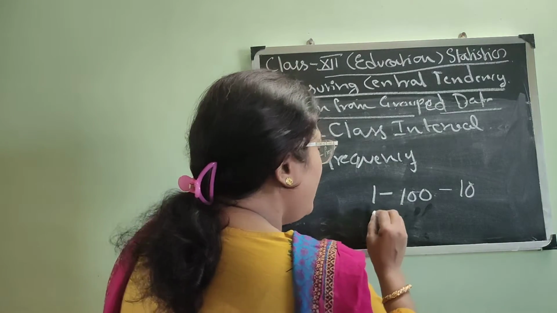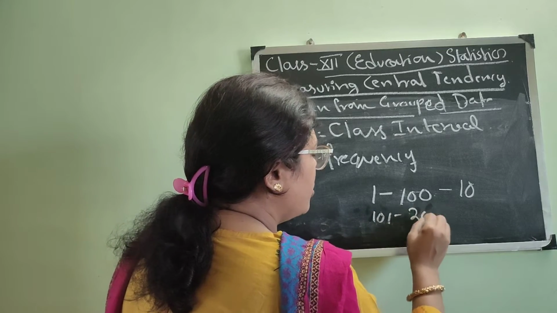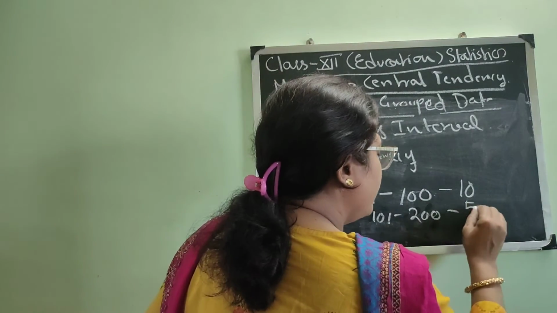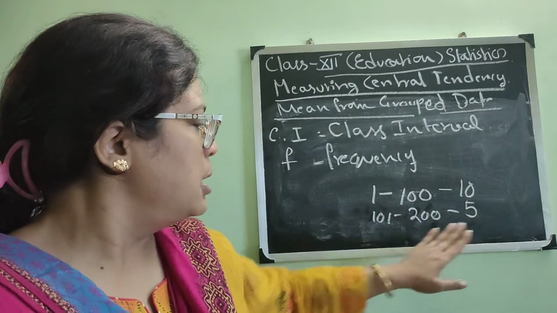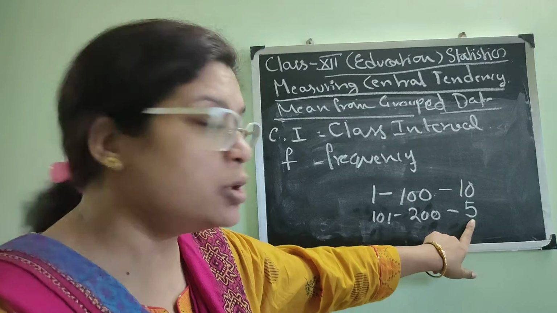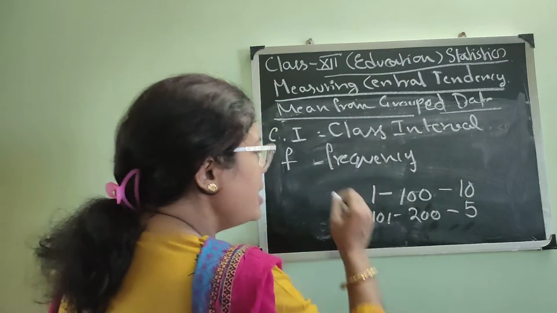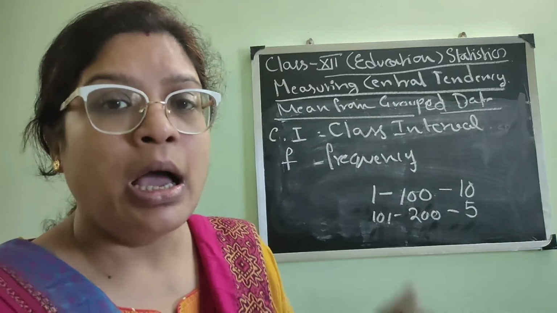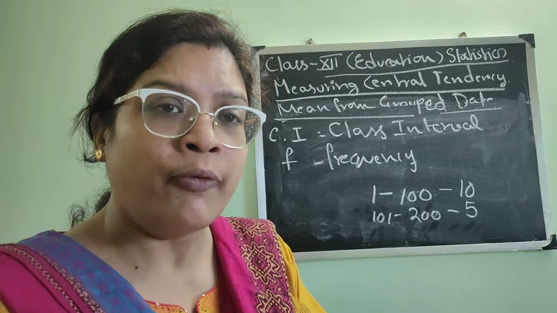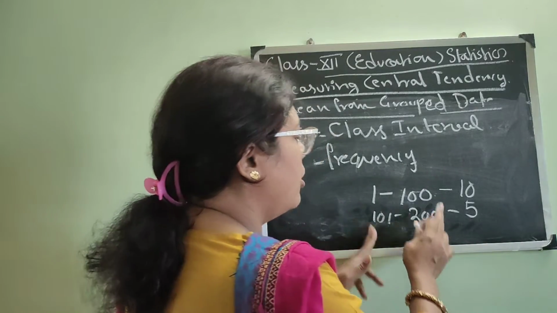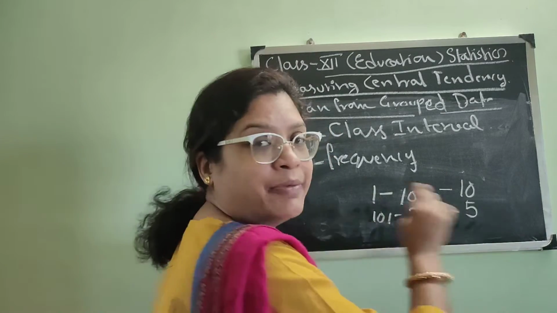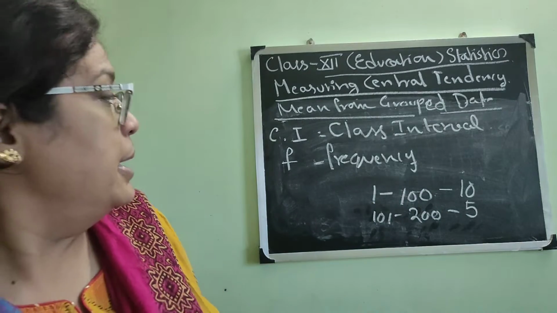Now suppose the next one is 101 to 200, and the frequency is 5. That means 5 students scored from 101 to 200. So frequency expresses how many times it is repeated, or the frequency of appearance of this category of number. 1 to 100 means 10 students, 101 to 200, 5 students. That means how many times it has appeared.